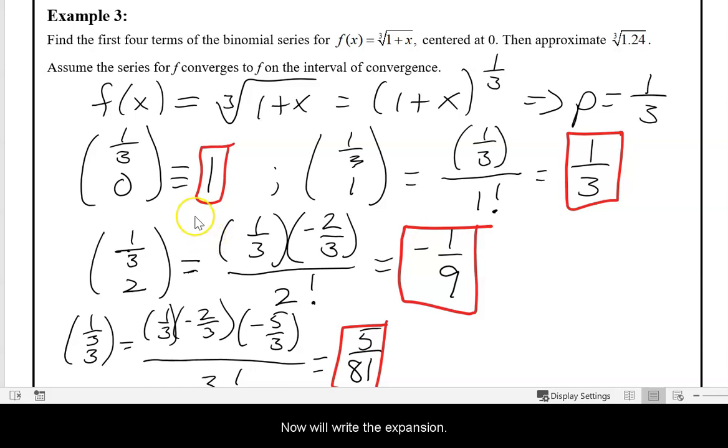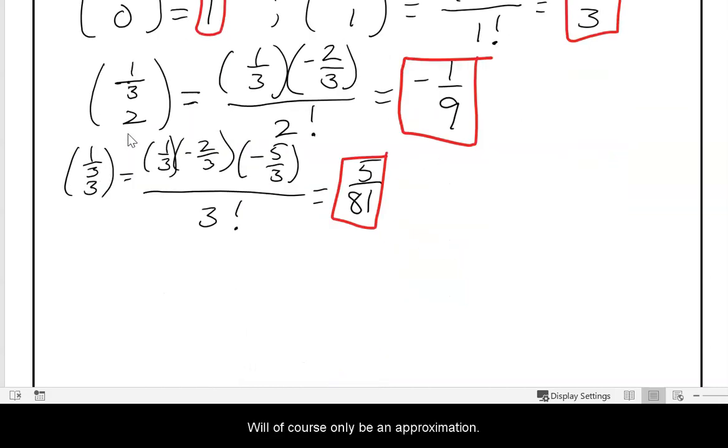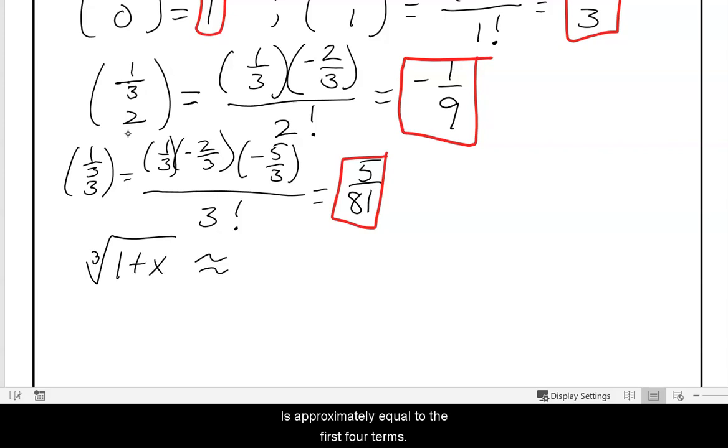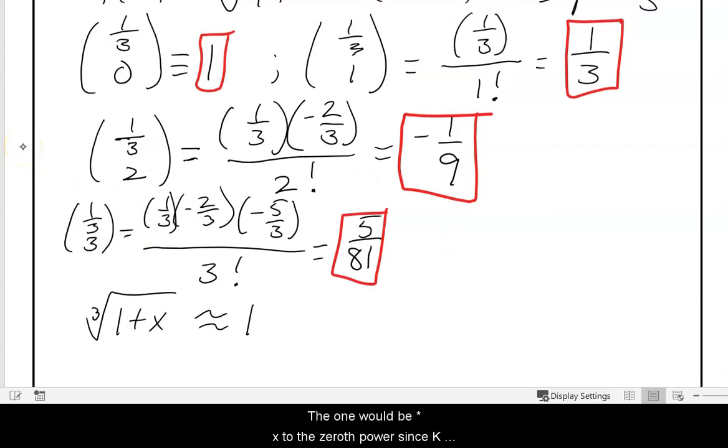Now we'll write the expansion for this binomial series using the first four terms. This will, of course, only be an approximation. This means that the cube root of 1 plus x is approximately equal to the first four terms. The 1 would be multiplied by x to the 0th power since k is 0, but that will just be a 1. The second coefficient 1/3 is multiplied by x to the first power since the k is 1.